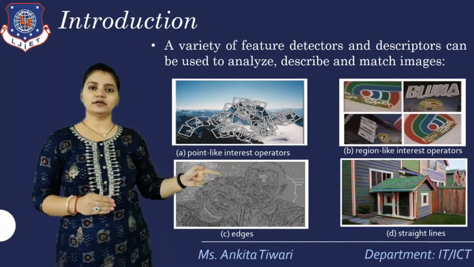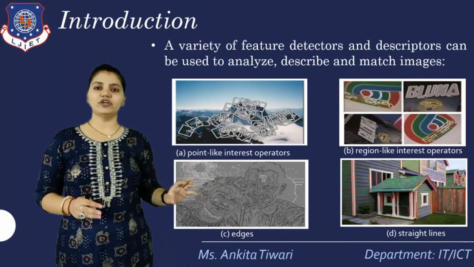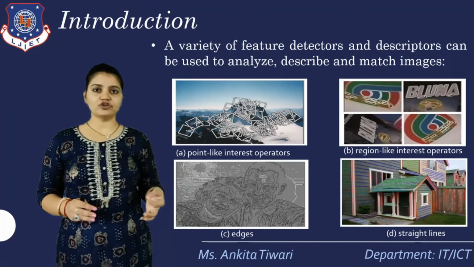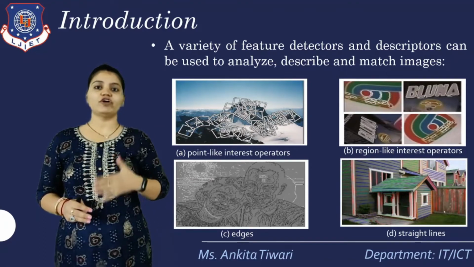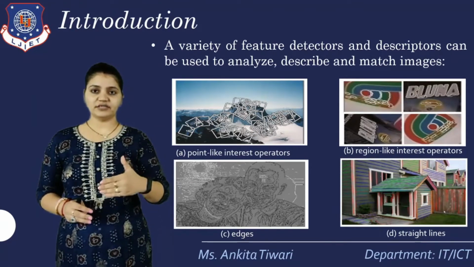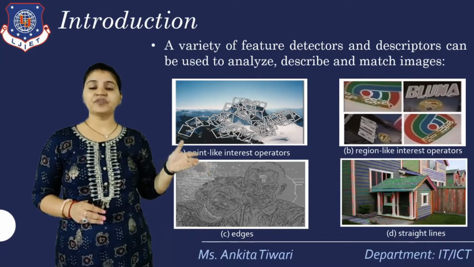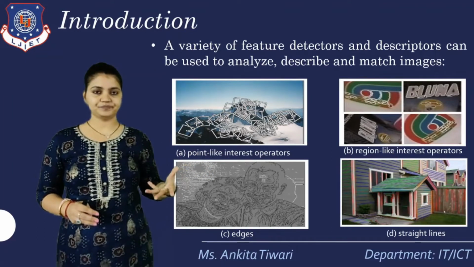So these are the different perspectives, we can say features, of any particular image with respect to interest. We have to analyze, describe and match with respect to what we want. First interest operators, then regions where we divide the image, then edges, and also straight lines.